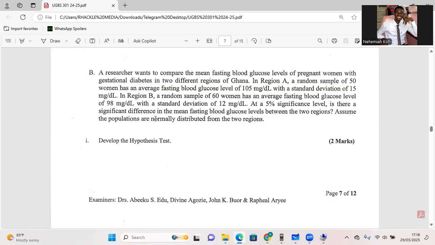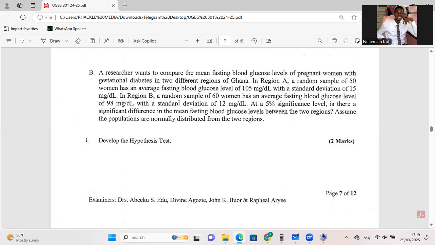Let's move to B. B is saying that a researcher wants to compare the mean fasting blood glucose level of pregnant women with gestational diabetes in two different regions of Ghana. In region A, a random sample of 50 women has an average fasting blood glucose level of 105 mg with a standard deviation of 15.